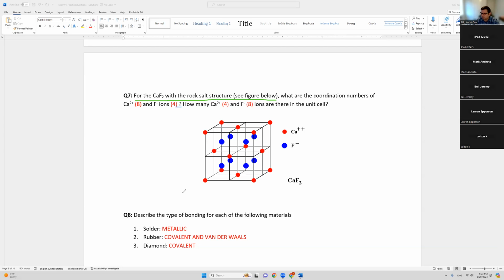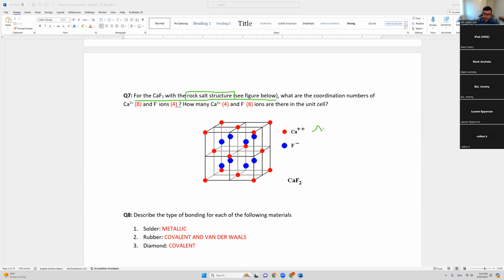Figure is missing. Blue? No. There is nothing wrong with the figure actually, but this is not a rock salt structure. What kind of a structure is this? Okay, you should know this structure.